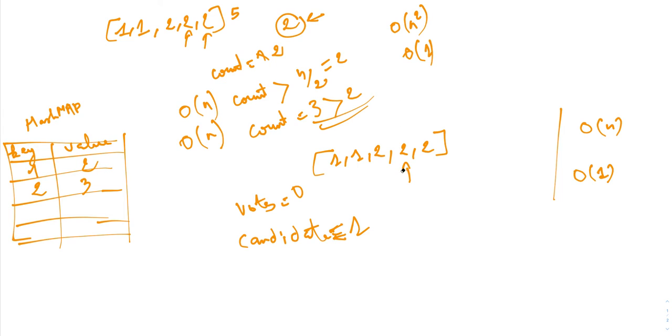And then at the last checkpoint, we're gonna see that now 2 is still different from 1. So now the votes will be negative if we try to remove it. So in this situation, what we do is we're going to reset our vote to 1 and the candidate to 2.